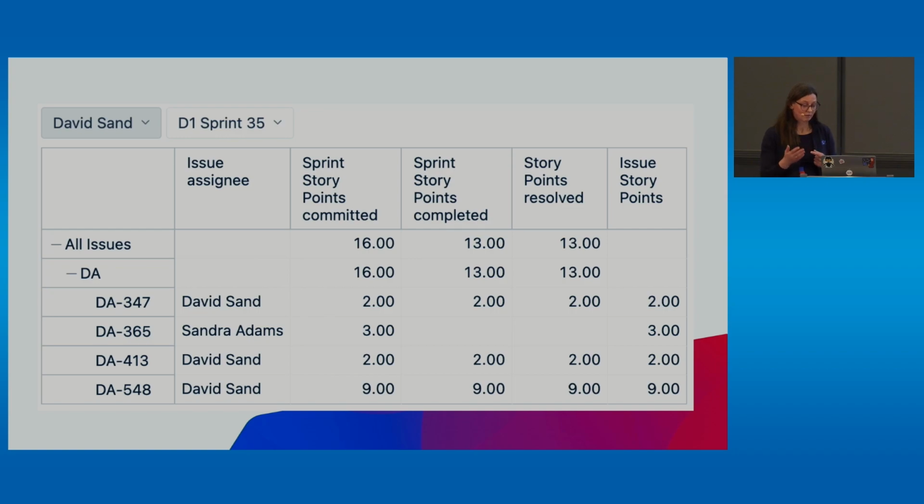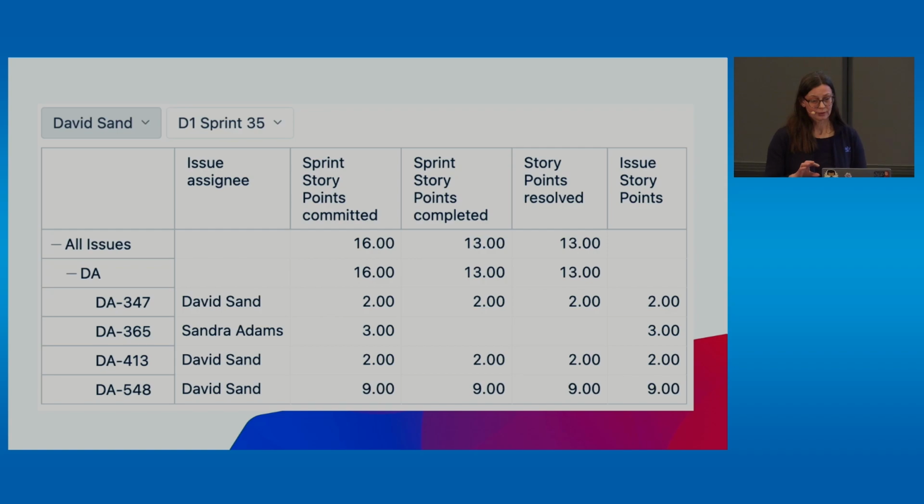They still show values for David, even though the issue is not related to David anymore. So properties like issue story points or issue assignee represent the current value on the issue, and they will show up anywhere you put this issue.